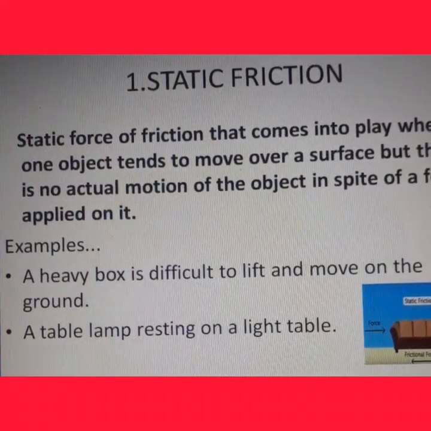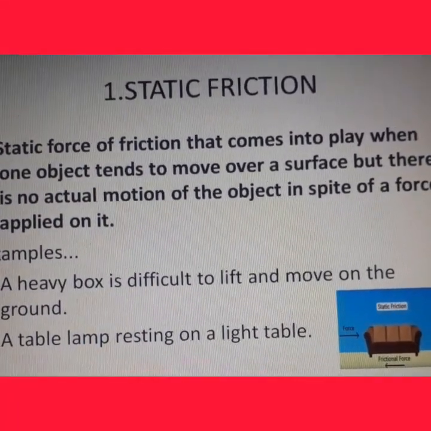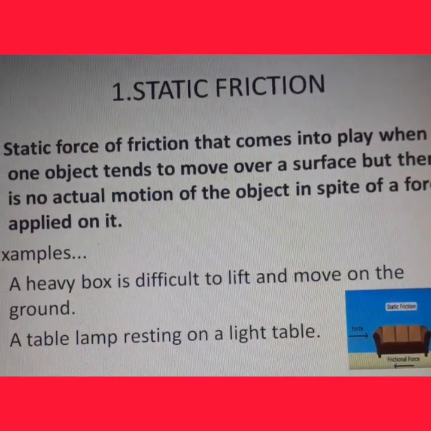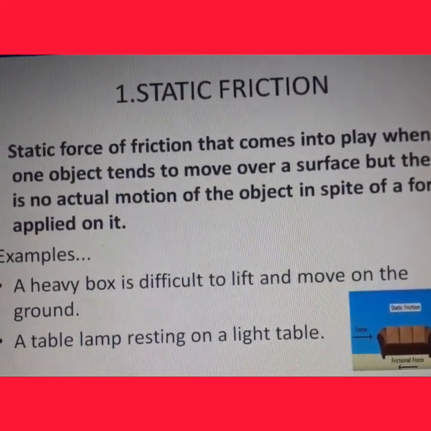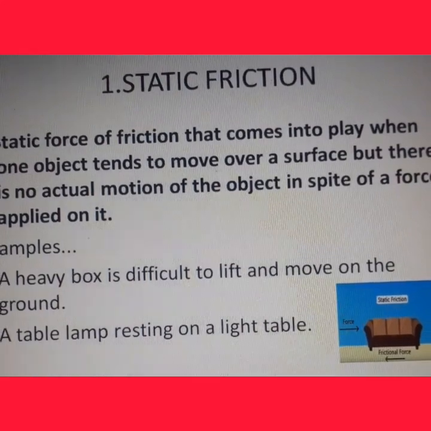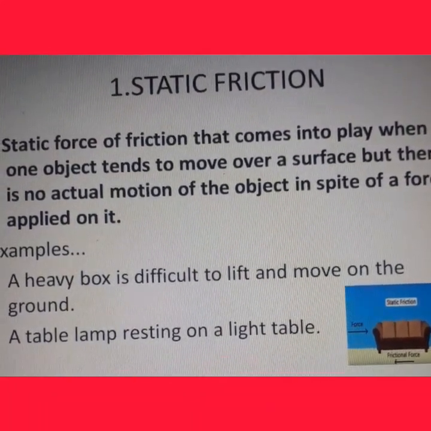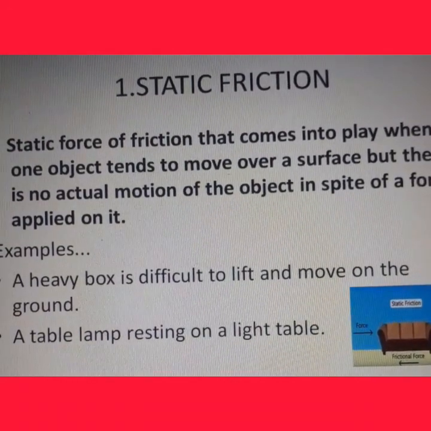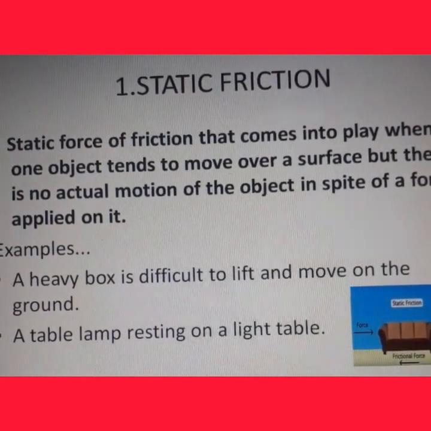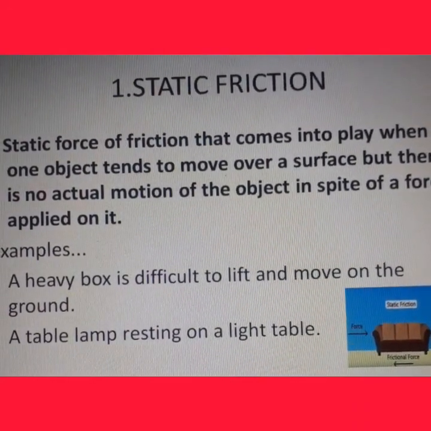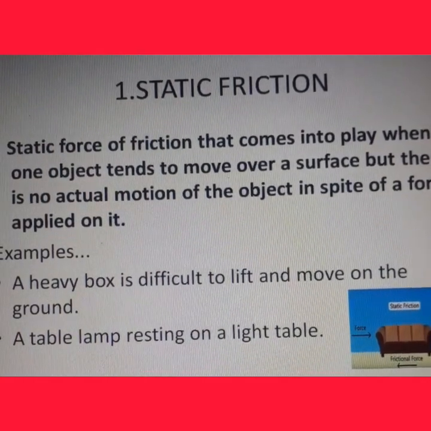Static friction. Static force of friction comes into play when one object tends to move over a surface, but there is no actual motion of the object in spite of a force applied on it. For example, this is a heavy sofa.